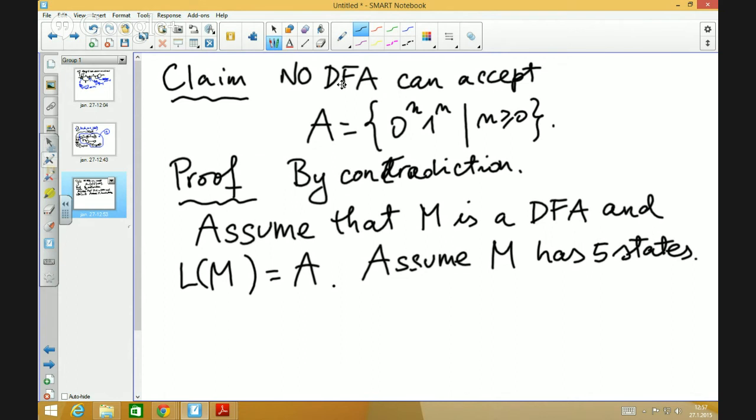In particular, M accepts the string 0 5 times, followed by 1 5 times. Since it accepts this language, in particular, it must accept this string. As soon as there's something you don't understand, scream.